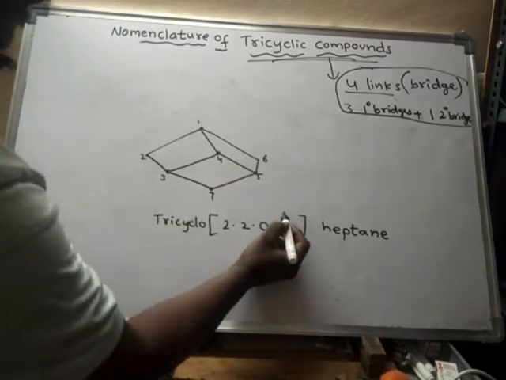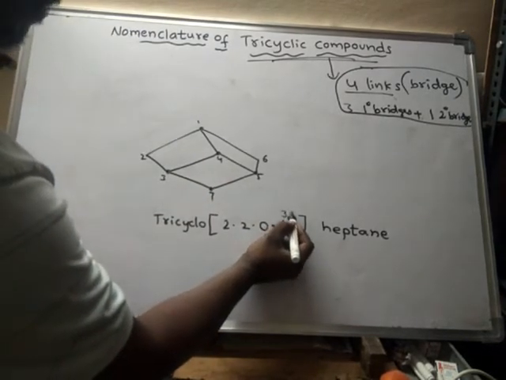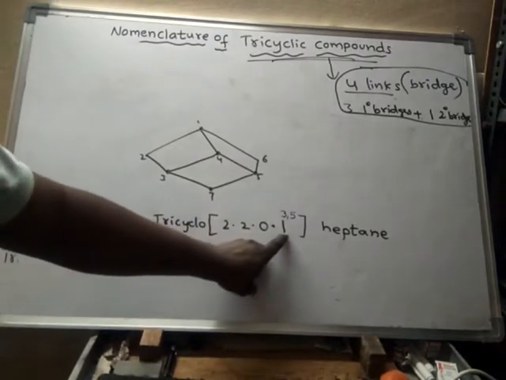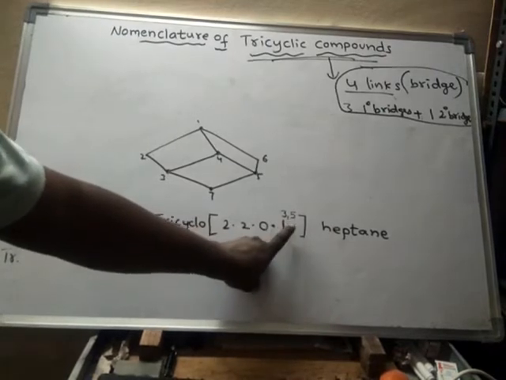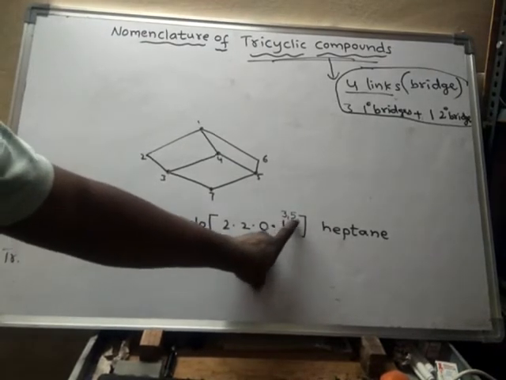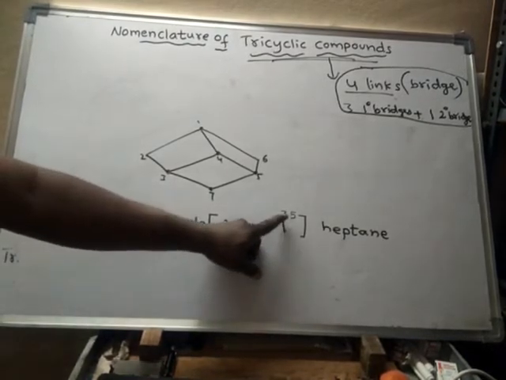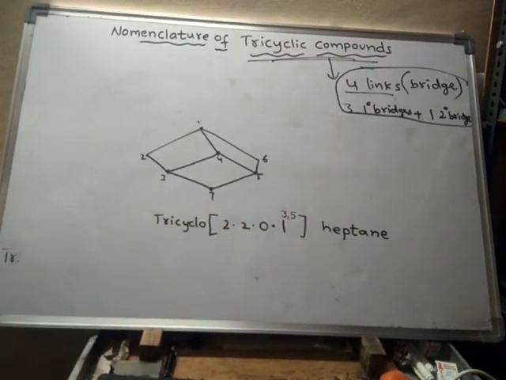Hence we have to mention the locants between which that bridge is present. These locants are written as superscript, that means above the bridge number we have to write. Superscript means above that number. If you write anything like this, then it is said to be superscript. So this is the name of this compound.